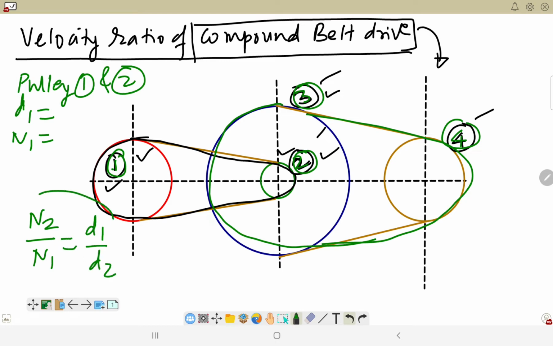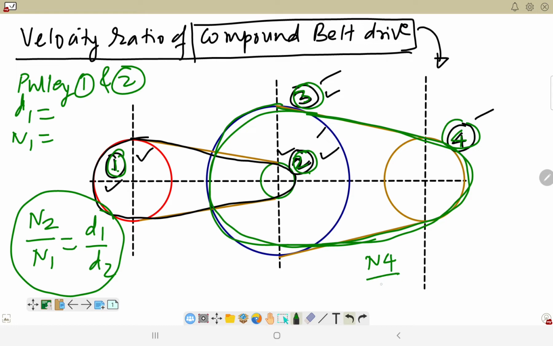This is the formula of speed ratio or velocity ratio between pulley number 1 and pulley number 2. Between pulley number 3 and pulley number 4 we can evaluate the velocity ratio as N4 upon N3 is equal to D3 upon D4.